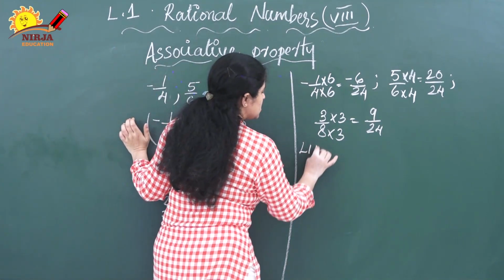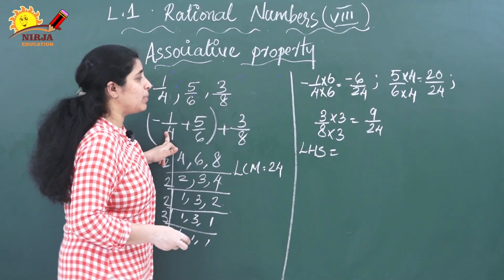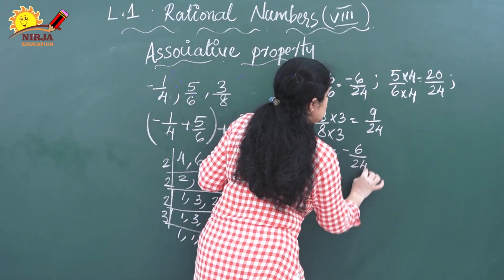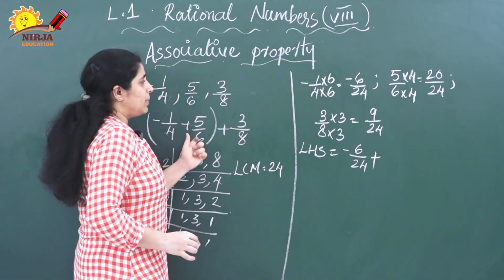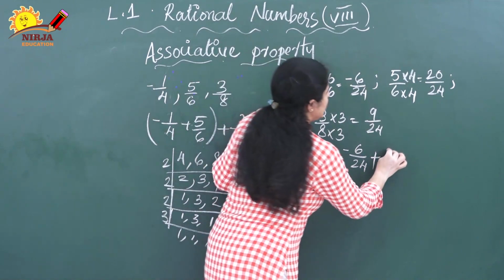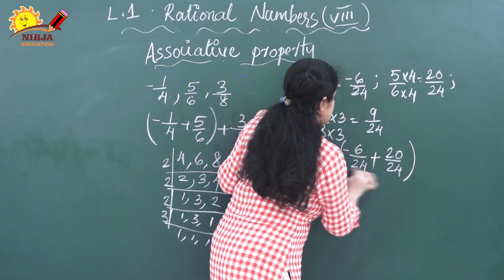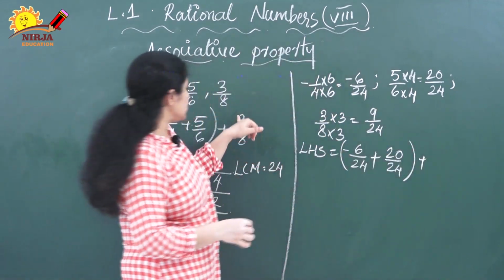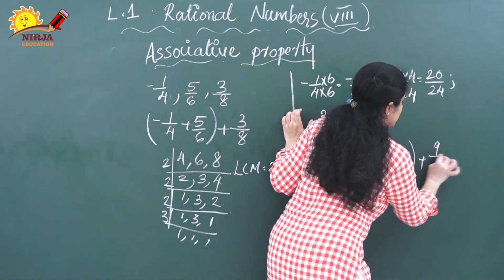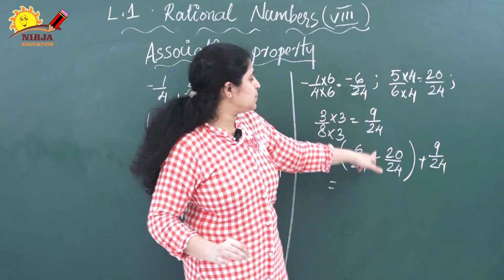So LHS is equal to, instead of -1/4, I will write -6/24. Instead of 5/6, we will write 20/24. This first I will add. Then instead of 3/8, we can write 9/24.